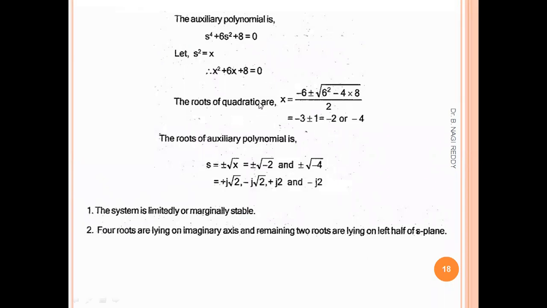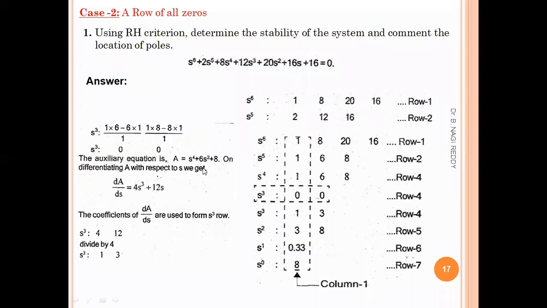So for determining the poles, where the poles are, we need to find how many poles are on the imaginary axis. The process is, if we are getting this type of situation or this case, then it means we are having imaginary poles.